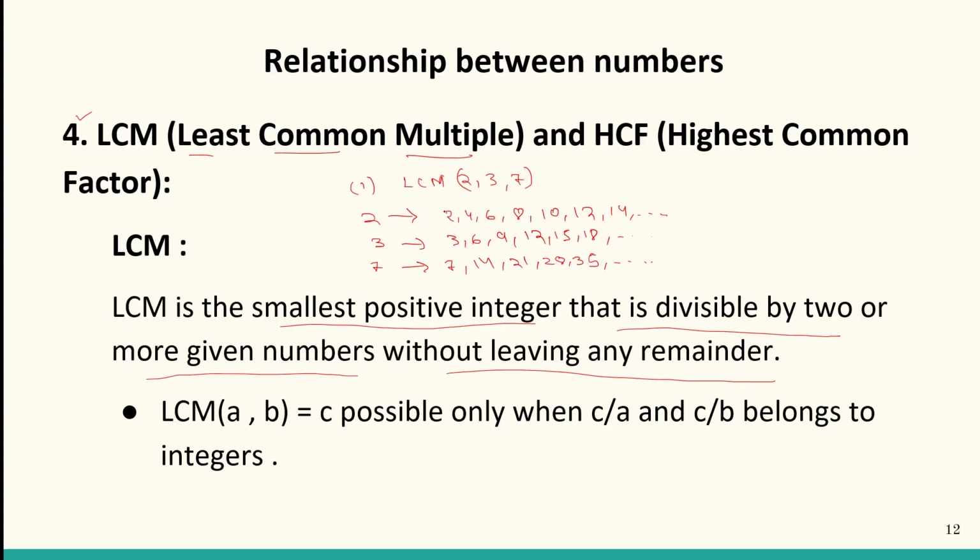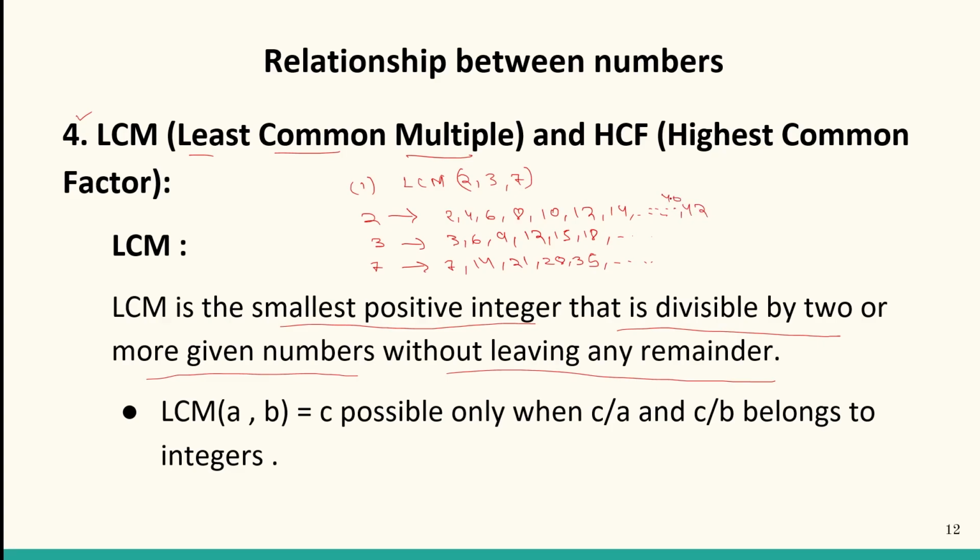Okay, let's start from here. So 2 is not common, 4 is not common, 6 is not common, 8 is not common, 10 is not common, 12 is not common, although 12 is common in these two but not common in all the three. And 14 is not common, so we need to evaluate it further. Then it needs to go to 42 actually.